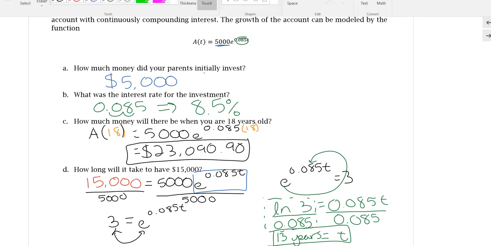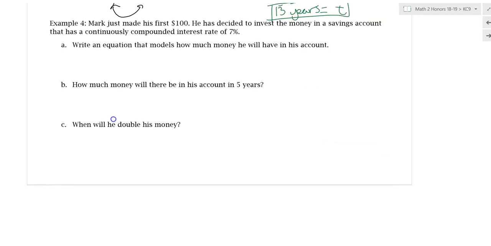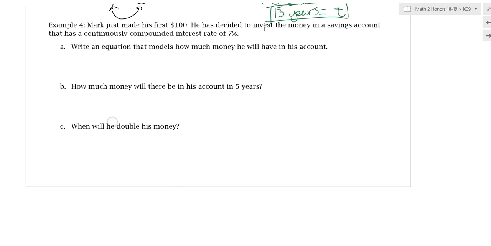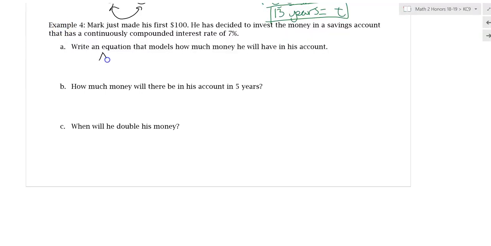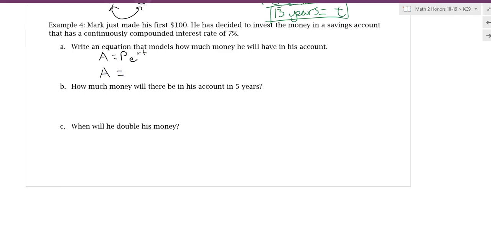All right, last problem. Mark just made his first $100. He has decided to invest the money in a savings account that has continuously compounded interest rate of 7%. Okay. So we first want to make an equation. So we have A equals P e to the rt. Okay, so A is one of our variables. It just says how it is. P is our principal.